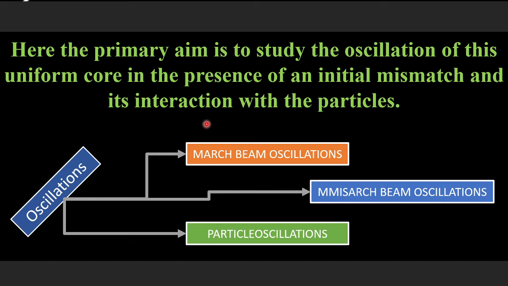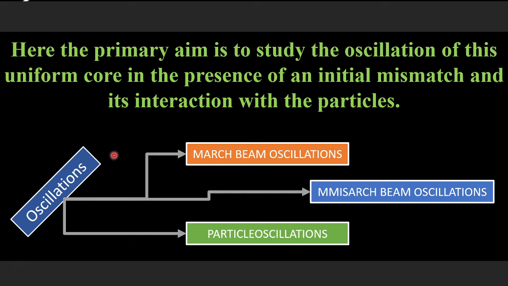So we are injecting a beam with an initial mismatch in a periodic lattice, and we want to study its interaction with the particles in the beam core. This is the primary aim of the whole session that we are going to cover today.